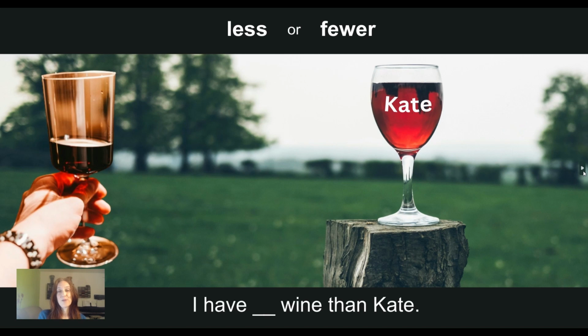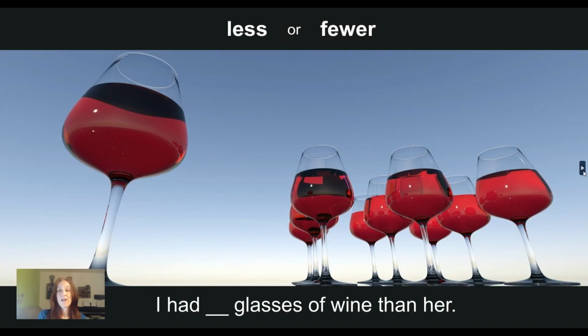I have wine than Kate. I have less wine than Kate. I had glasses of wine than her. I had fewer glasses of wine than her. Fewer here because we can count glasses of wine. Next.